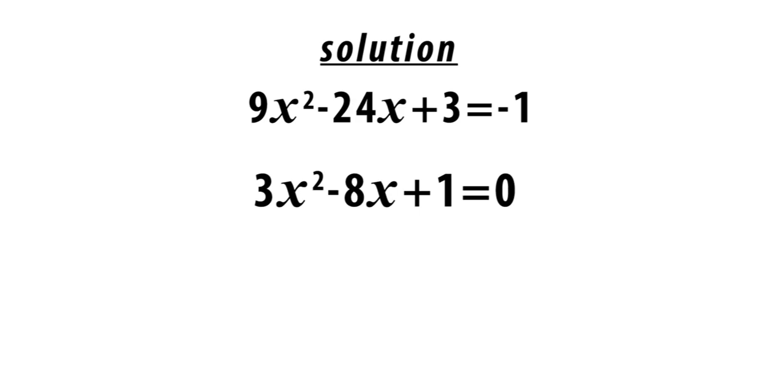So we'll have 3x squared minus 8x plus 1 is equal to 0. Now, this equation we have is a quadratic equation. And remember, quadratic equations must always be written in the standard form if we want to use the quadratic formula to solve them. So we want to use the quadratic formula to solve this.